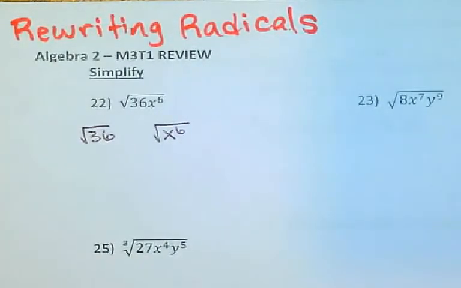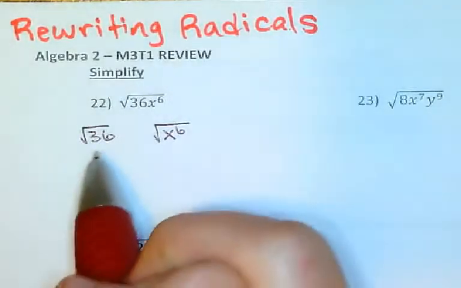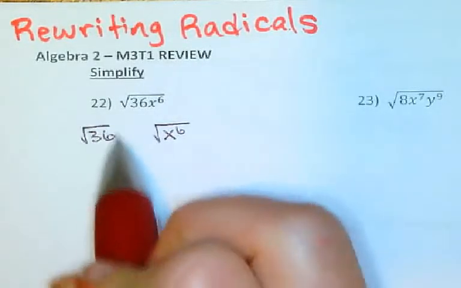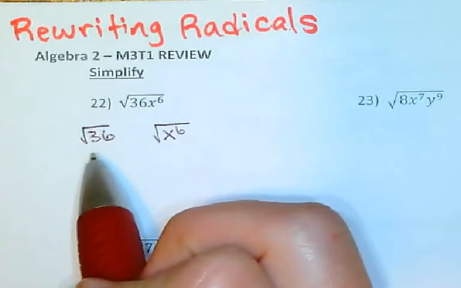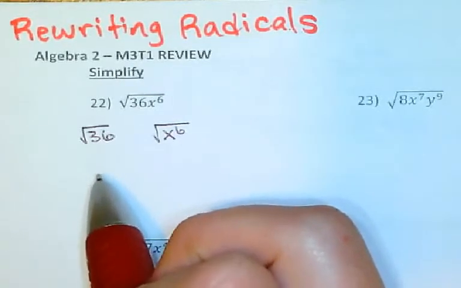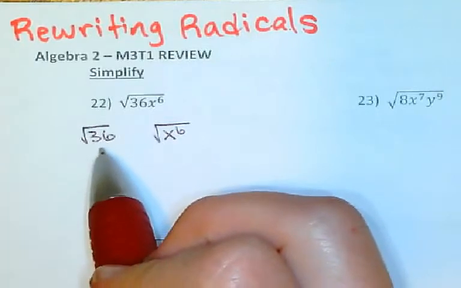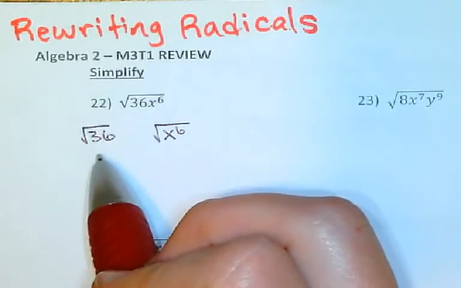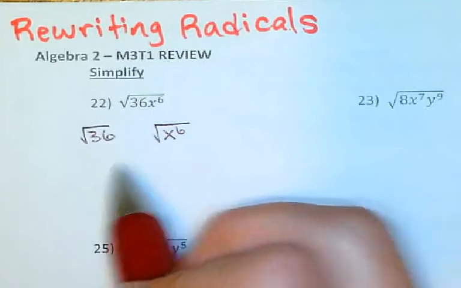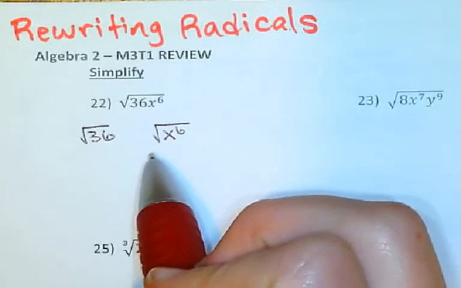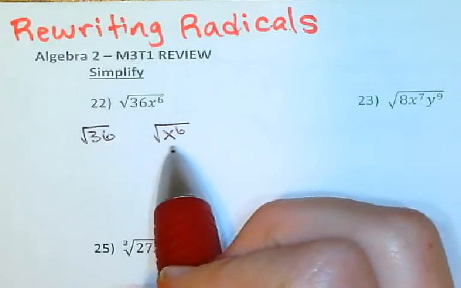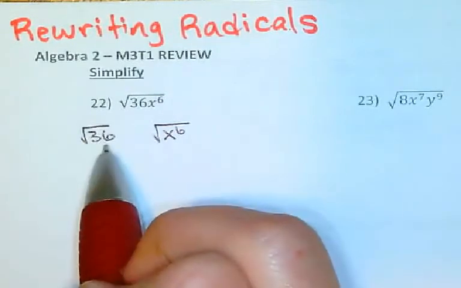Now, what I've found is that on these, I can just leave it in radical form because a lot of times our brains can work those numbers a lot easier than having it in exponential form, like 36 to the 1/2. But with the x, I'm going to change this to exponential form so you guys can see an easy way to simplify it.